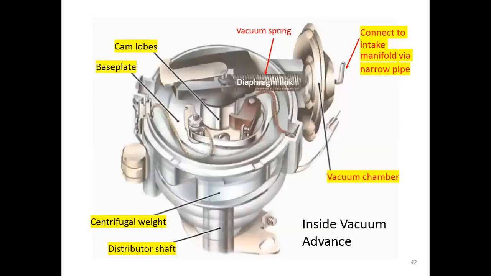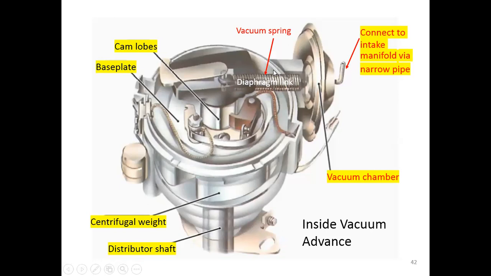And this is the component inside the vacuum advance mechanism. It has a pipe that connects to the intake manifold in order to receive the vacuum pressure, the vacuum signal. Inside here we call it a vacuum chamber, and inside this vacuum chamber we have a diaphragm. This diaphragm connects through the diaphragm link to the cam.